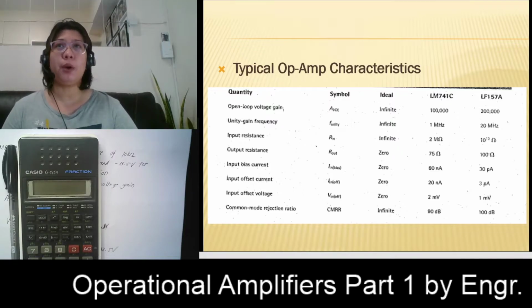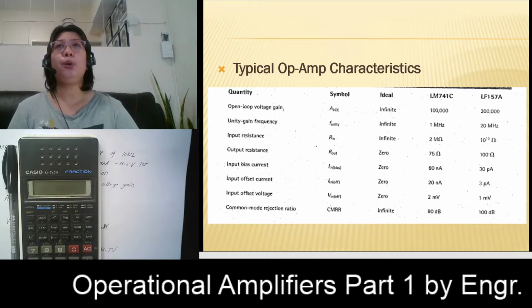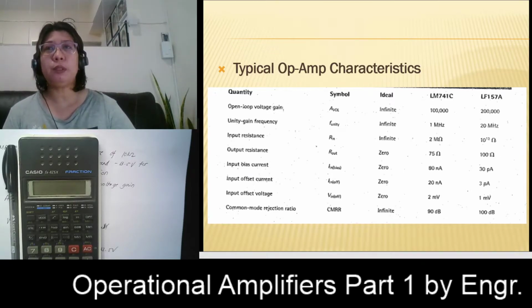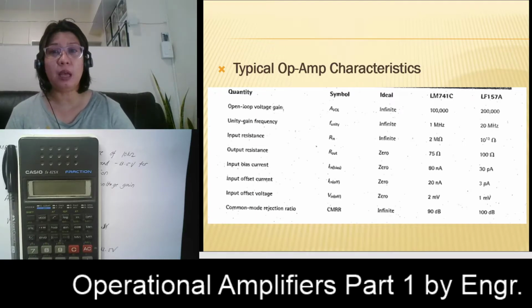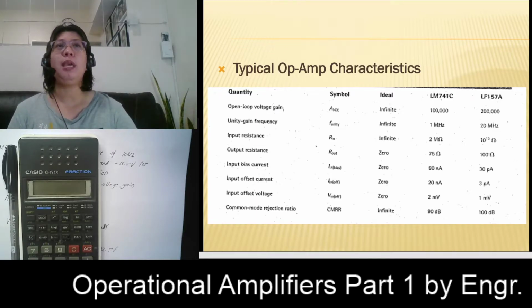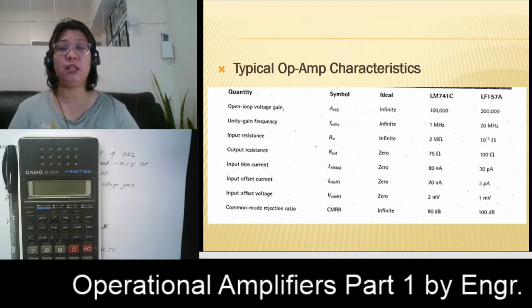741 is a standard operational amplifier. This is a classic type of op-amp that has been available since the 1960s. Here we have open loop voltage gain. This means we do not use any feedback or any loop. For a 741 operational amplifier, it can have a value of as high as 100,000.